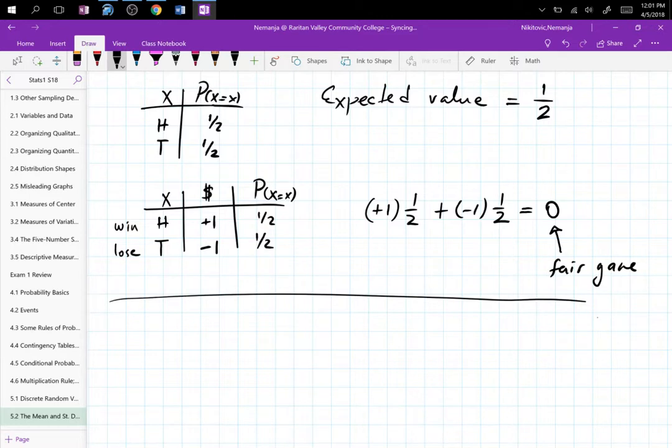Great. I've got to look that up, and I'll be stuck with that knowledge that I don't need. 36. 36, I was right. Good.